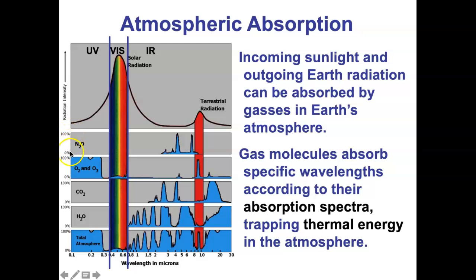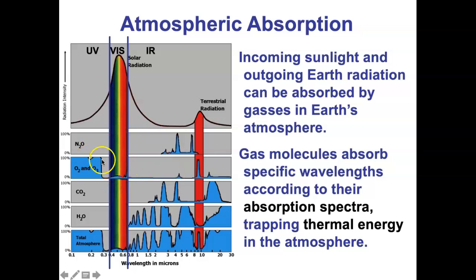So each of these graphs is a percentage, the percentage of light that is absorbed versus the wavelength of that light. And so most of Earth's atmosphere is made of what? Nitrogen, right? We don't even put nitrogen gas on this graph because nitrogen gas is a really weak absorber. The absorption lines are so weak, they're not even worth talking about in this context.